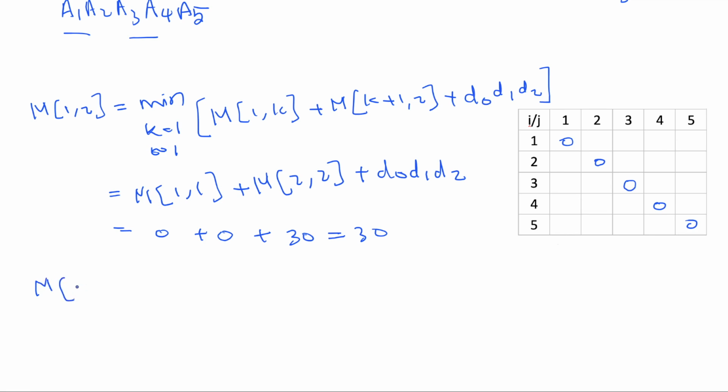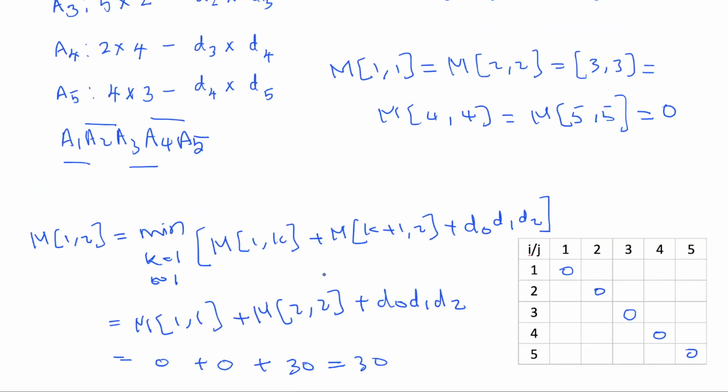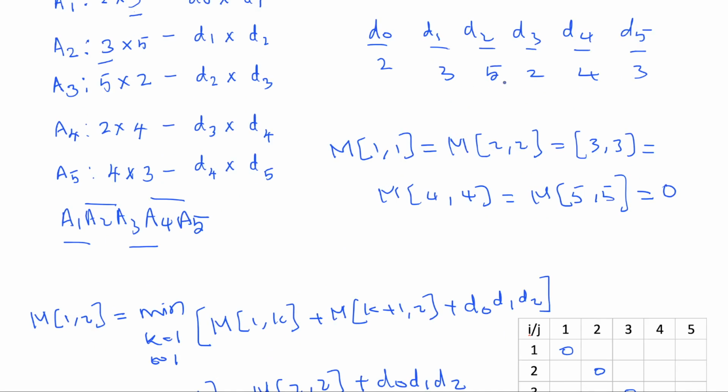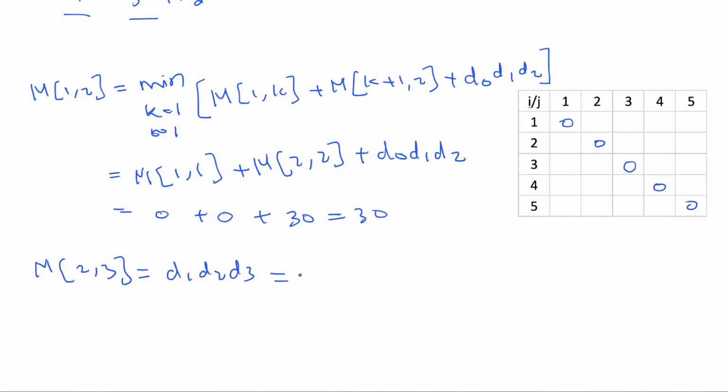Similarly, m2,3 will be d1 d2 d3, which is 3 into 5 into 2, equal to 30 again. Then next we have to calculate the minimum number of multiplications for multiplying a3 and a4.